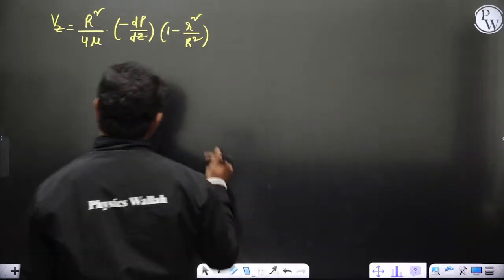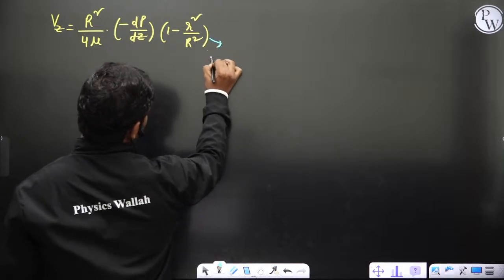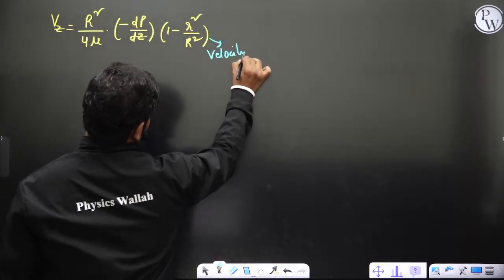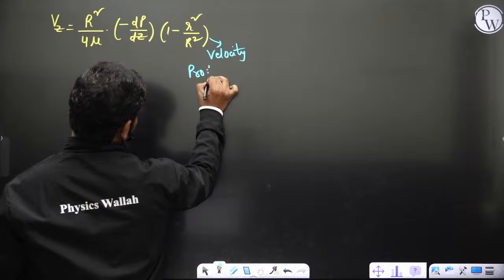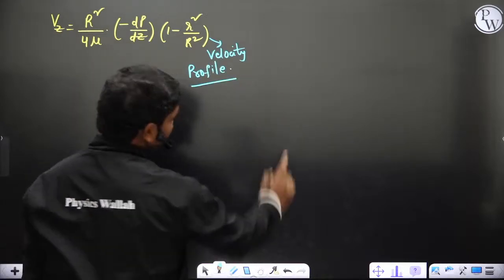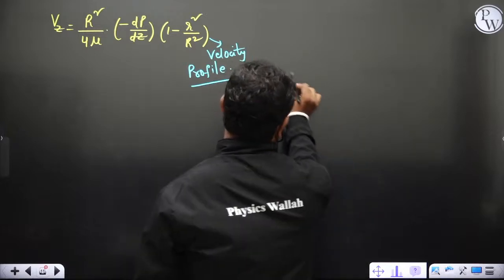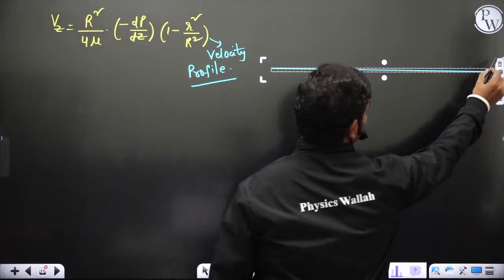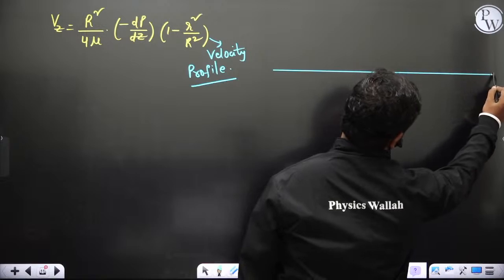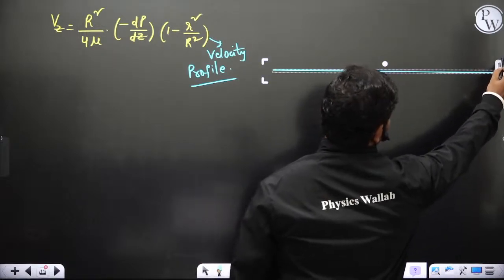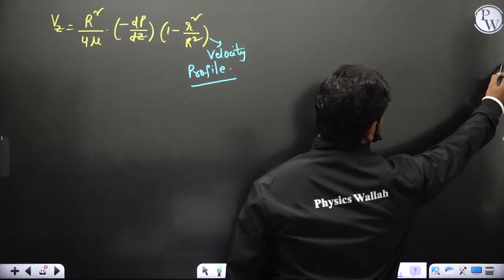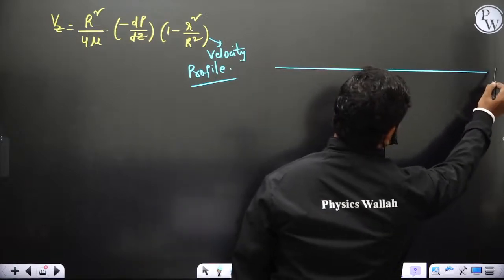Fine. So anyway, this is the velocity profile for any flow through a pipe. Now, if you take a pipe, again, a pipeline. Let me draw a short pipeline so that I can adjust the scale.